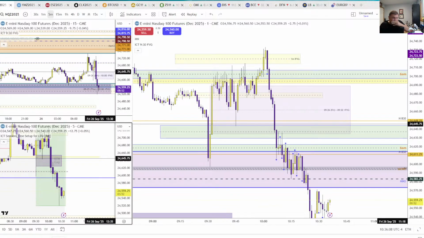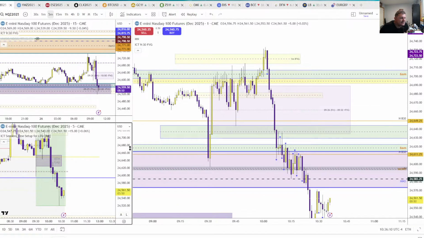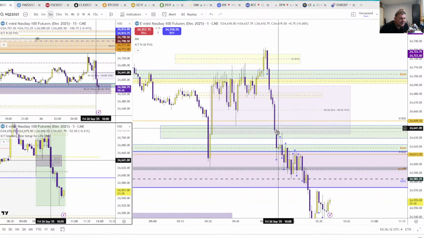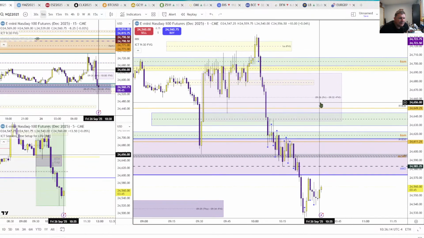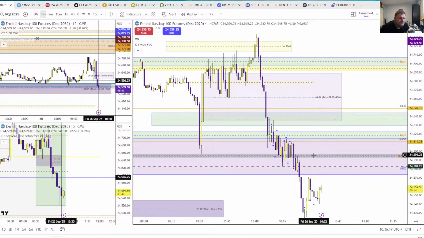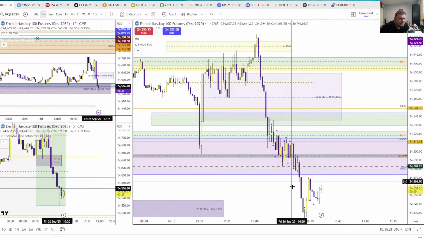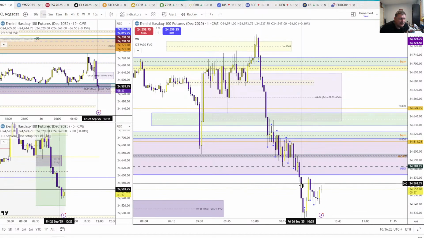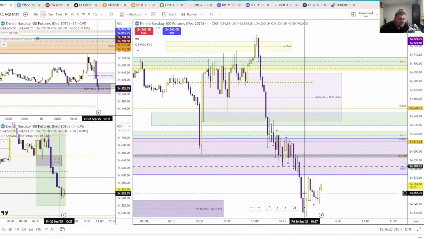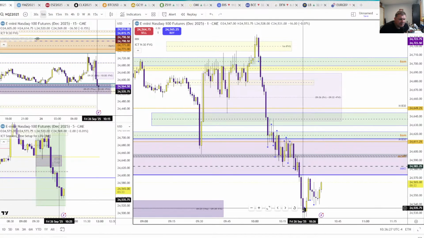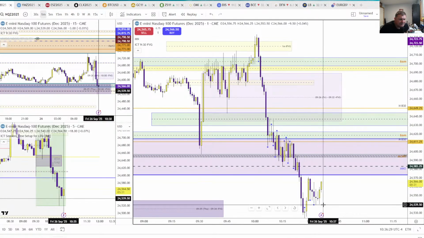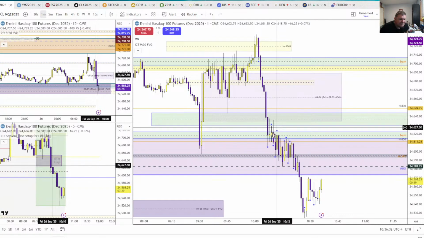Excuse me. It's 8:30 open. It's also the consequent encroachment of the 3-hour candle. So you traded above it, now you're below it. Discount box is way down here. You got to see this break out of here.